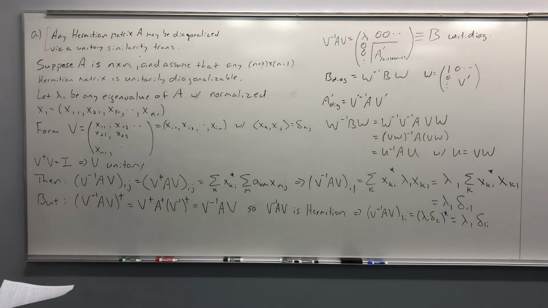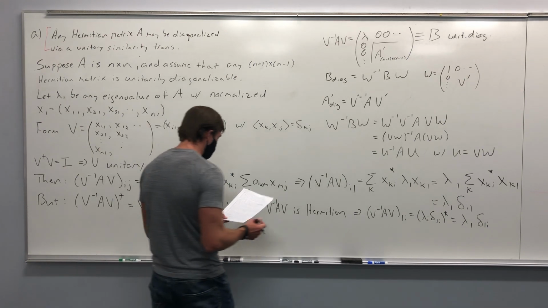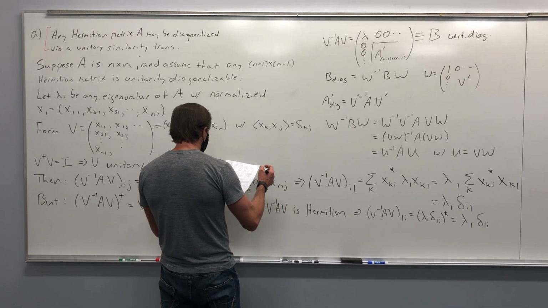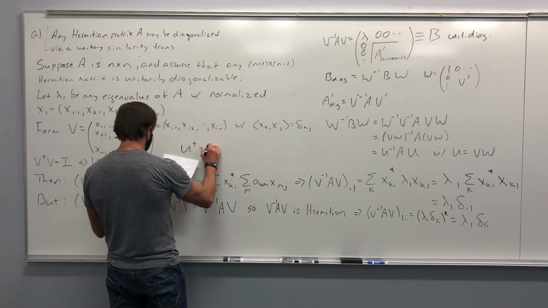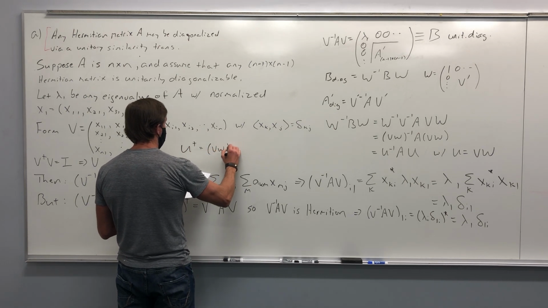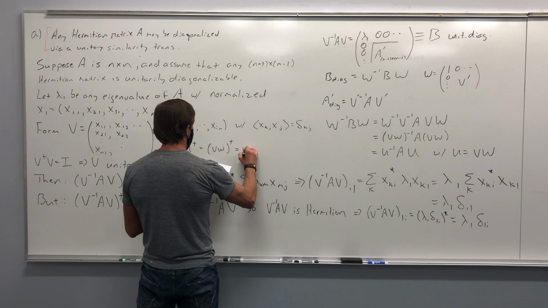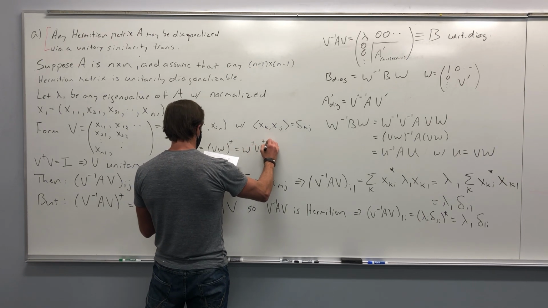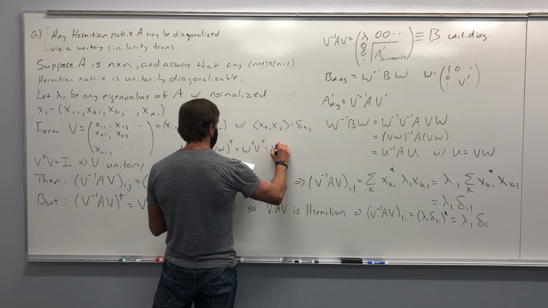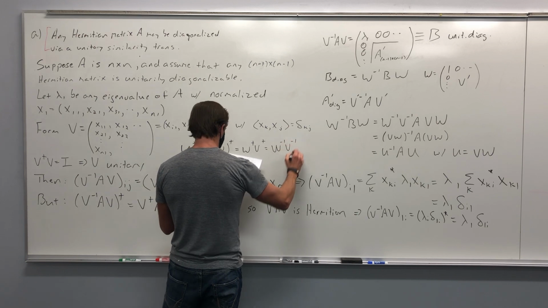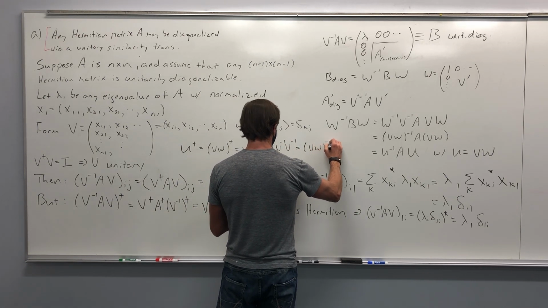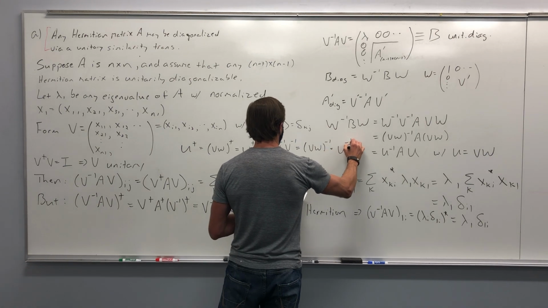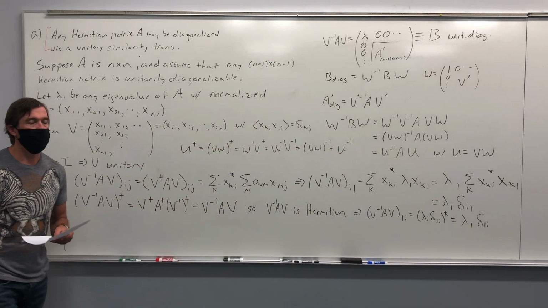To show that U is unitary, just take U dagger, VW dagger, which is W dagger, V dagger, which is W inverse, V inverse, which is VW inverse, which is U inverse.